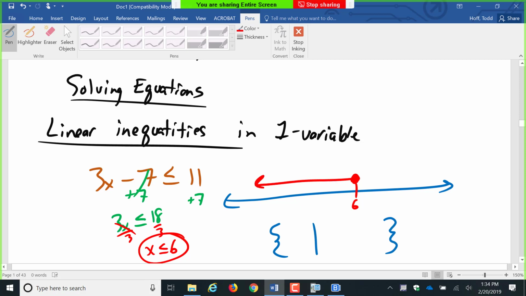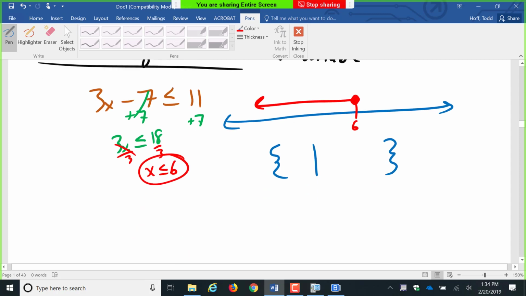Less than goes to the left. Or in solution set notation, this is x such that x is less than or equal to 6. It's just that simple. And of course, those inequalities can get very complex. Remembering to flip the symbol if you multiply or divide by a negative.